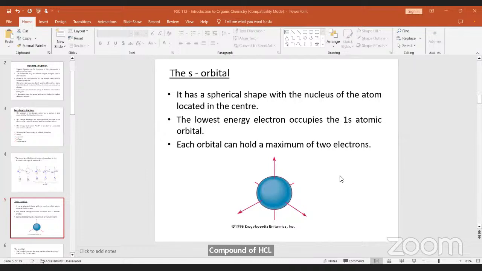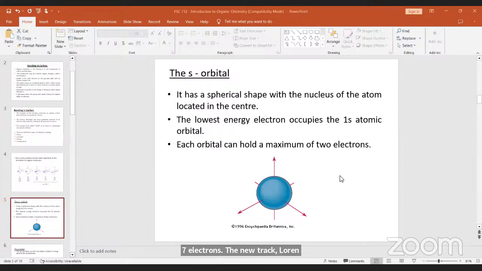In HCl, you have hydrogen bonded to chlorine. Surrounding chlorine are 7 electrons, for the neutral chlorine.